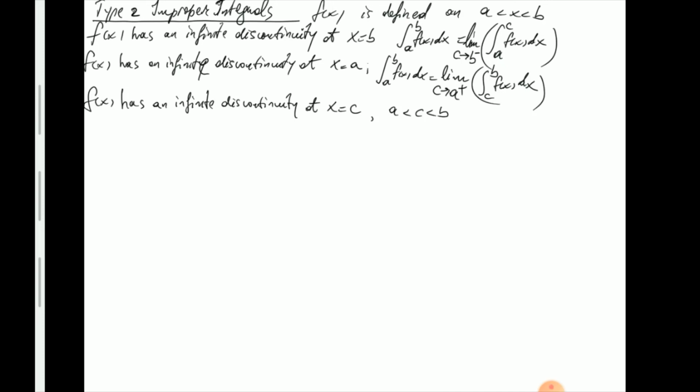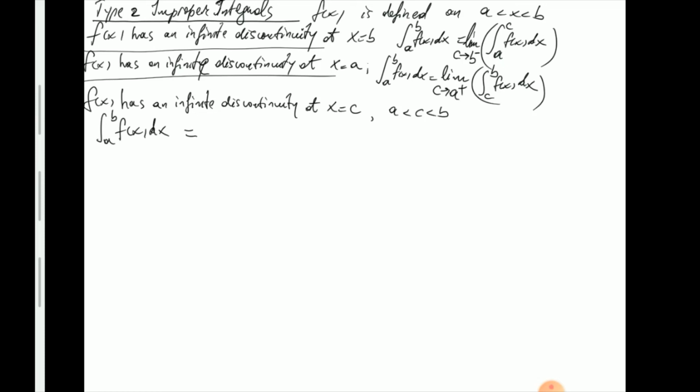So what do you do in that case if you want to compute still the integral from a to b of f of x dx? This is the one that sometimes is tricky, because if you don't pay attention, you may not notice that the function has that discontinuity somewhere in the middle of the interval a, b. It can be defined and continuous at a and b, but not in the middle, I mean, at the interior point between a and b.